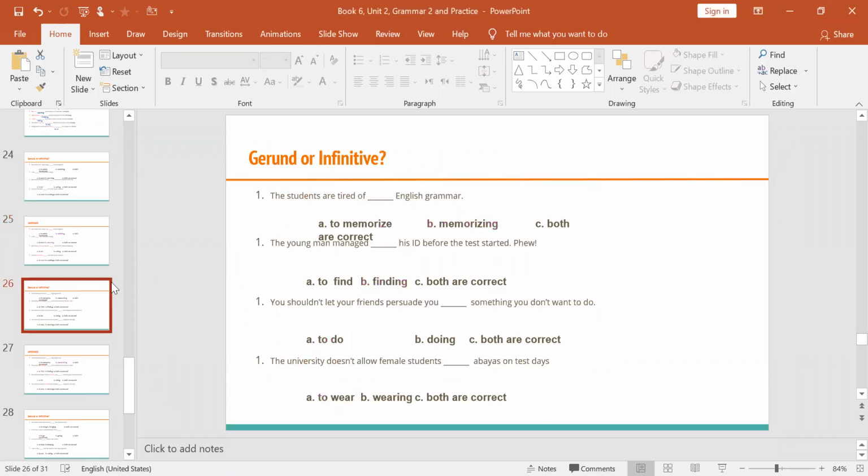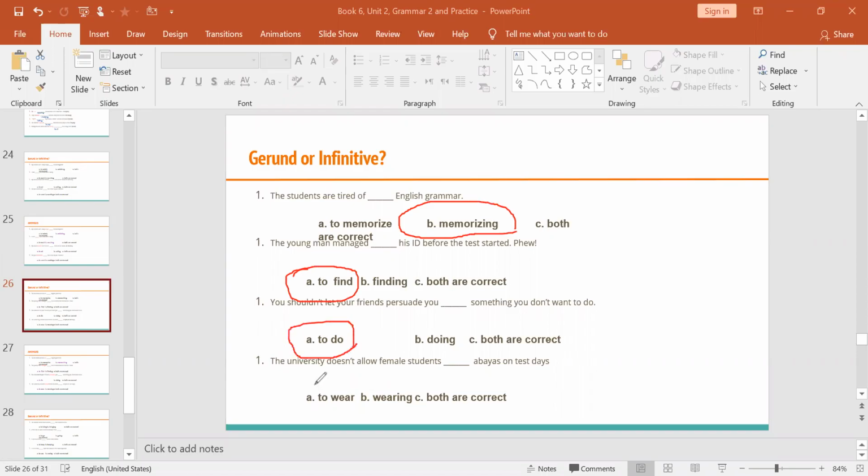Okay, the students are tired of what? Memorizing English grammar. Young men managed to find. You shouldn't let your friends persuade you to do something.